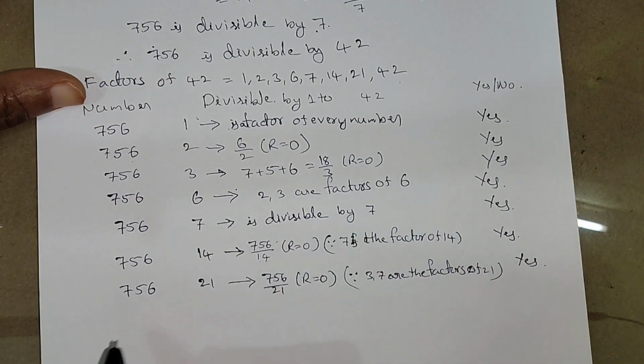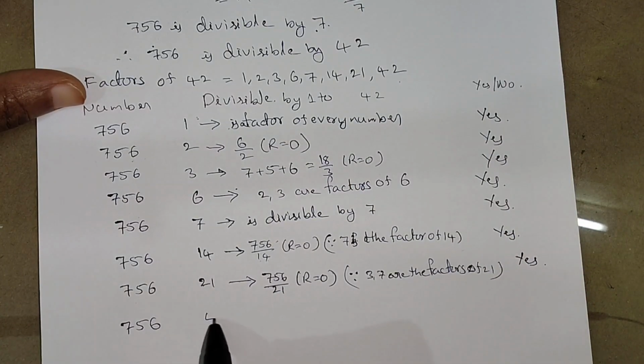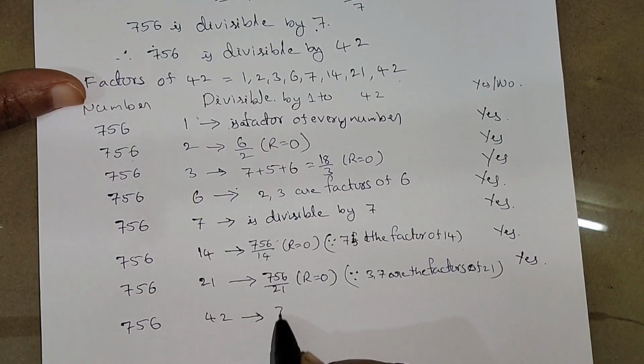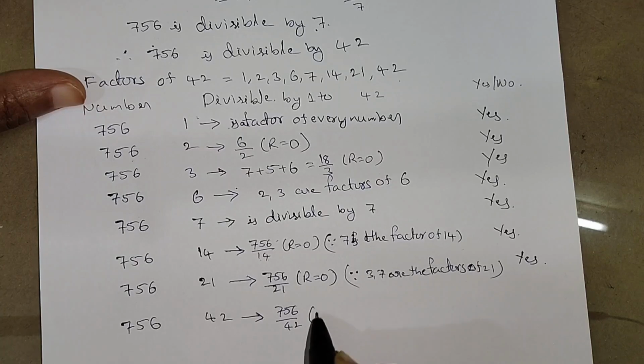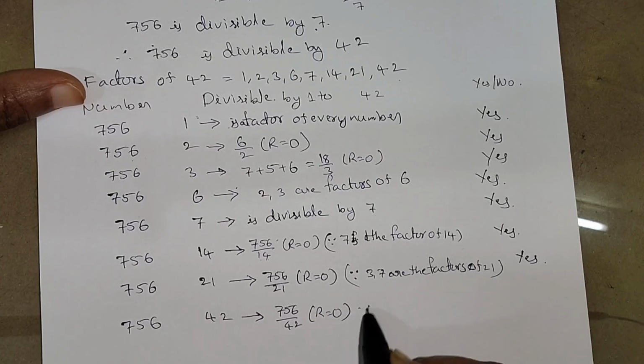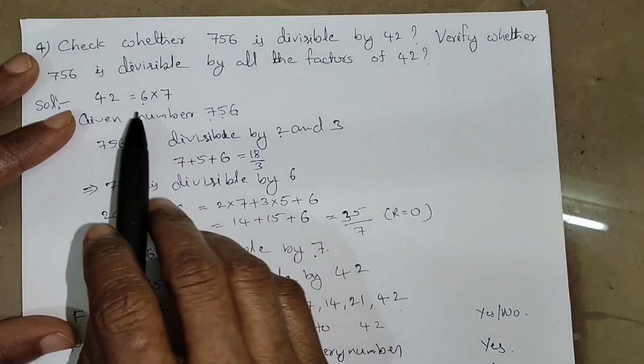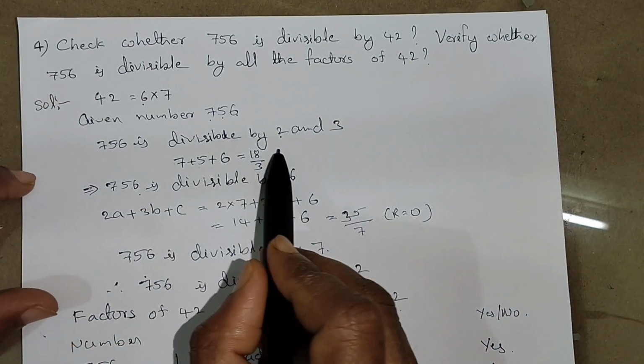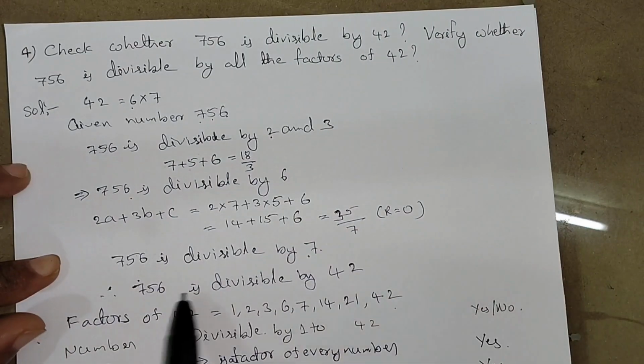Next 42. 756 by 42, the remainder equals 0. Since 42 equals 6 into 7, we already proved it is divisible by 6 and divisible by 7. Therefore it is divisible by 42.